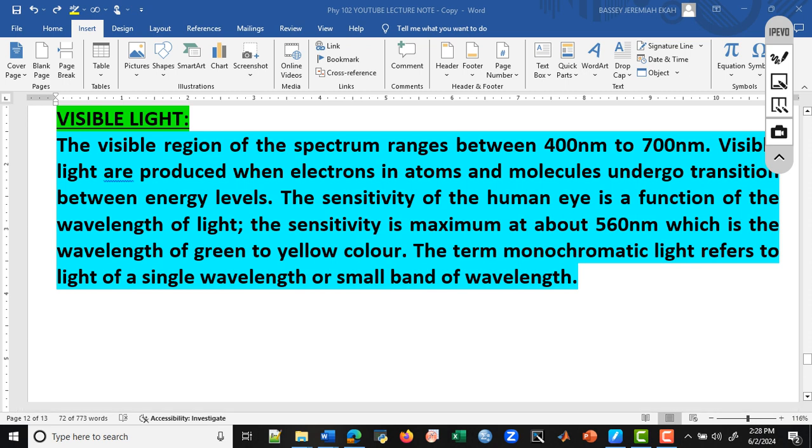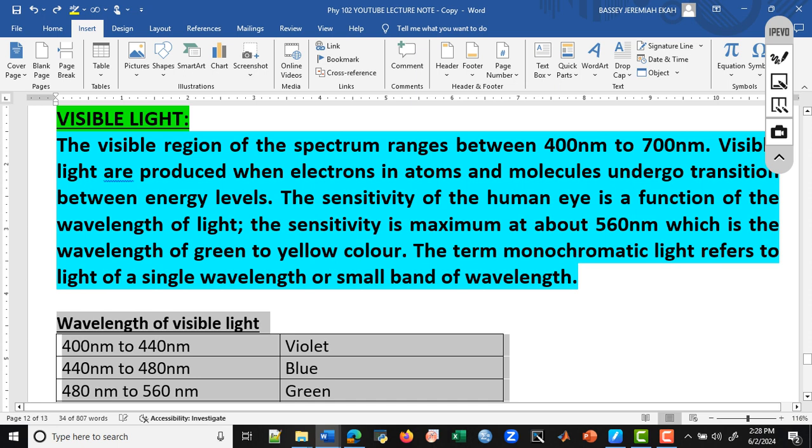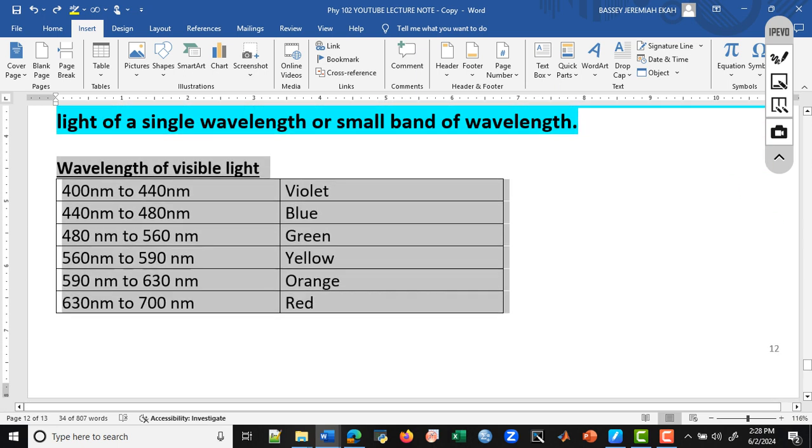Looking at this table here would explain better. This side is close to where you have the UV ray. It has a shorter wavelength, so it tends to be faster. You have violet, after violet is blue color, then green and yellow.